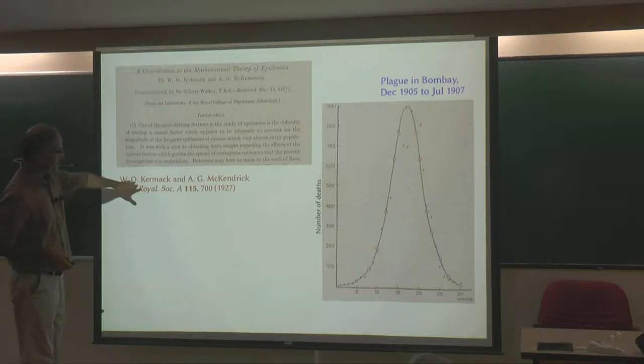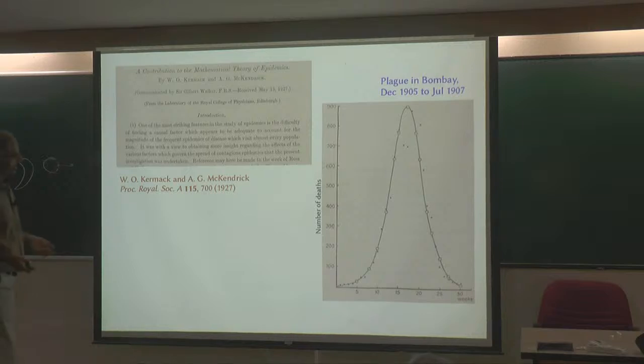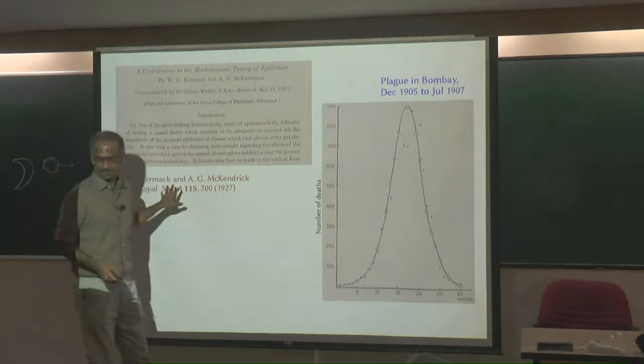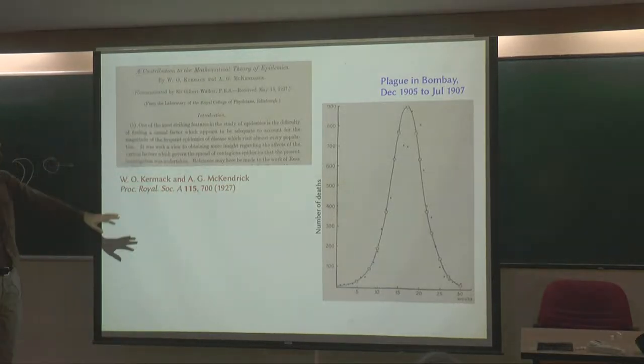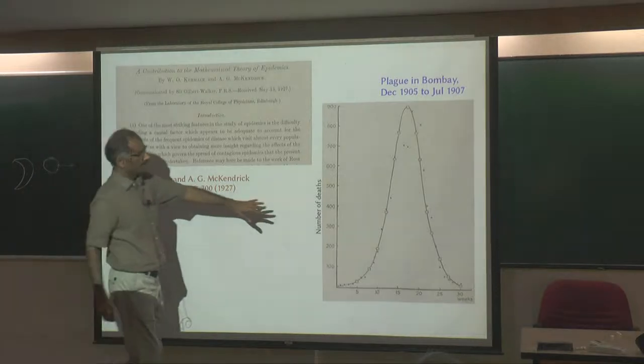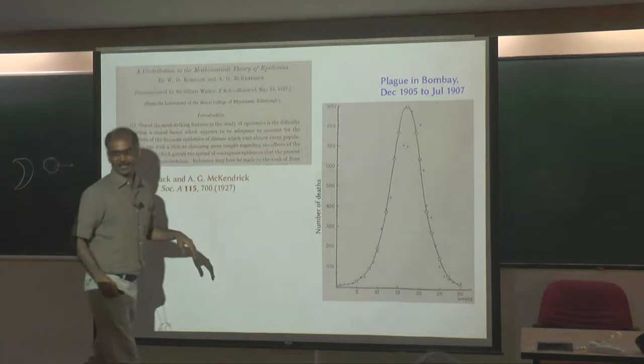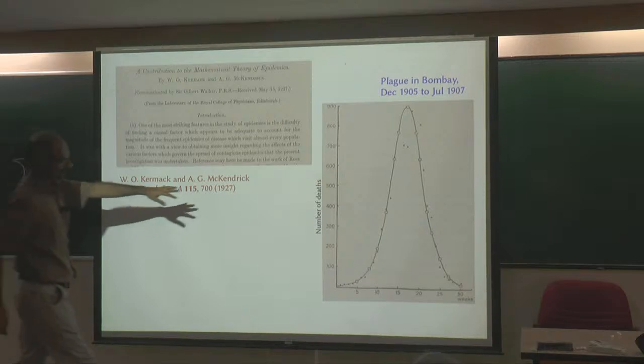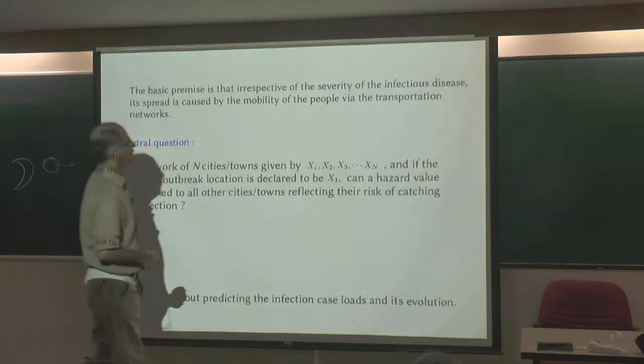This is the first paper published on these compartmental models, by Kermack and McKendrick. This is exactly the figure in that paper, which drew from the plague data in Bombay between 1905 and 1907. This is the number of deaths as a function of weeks.